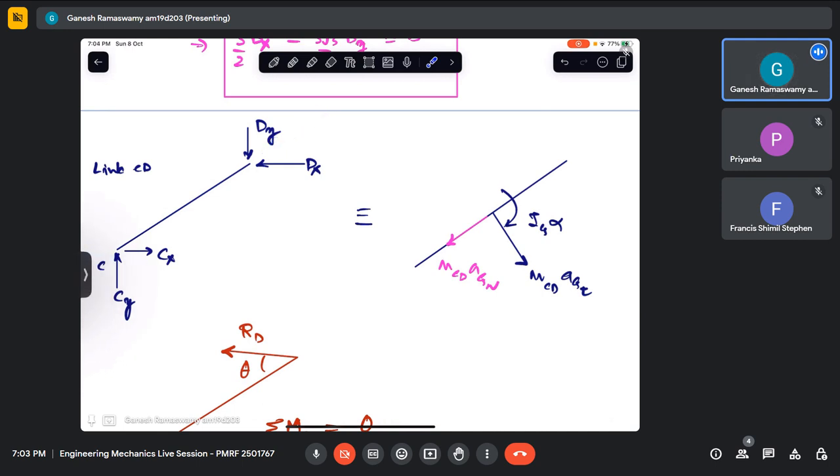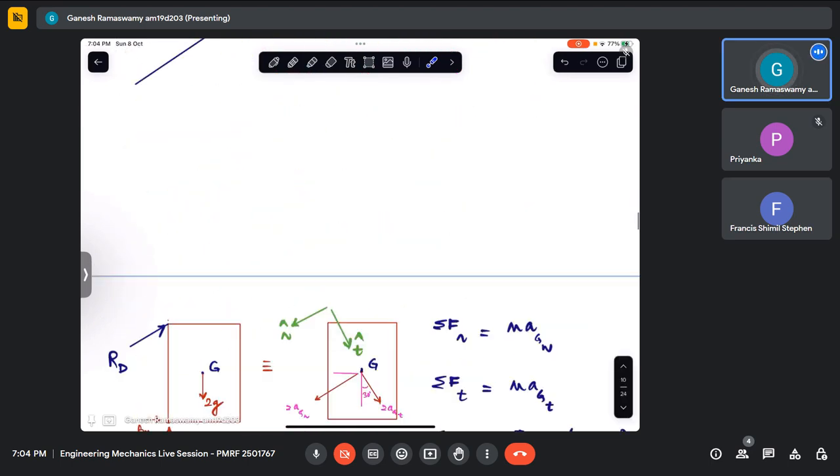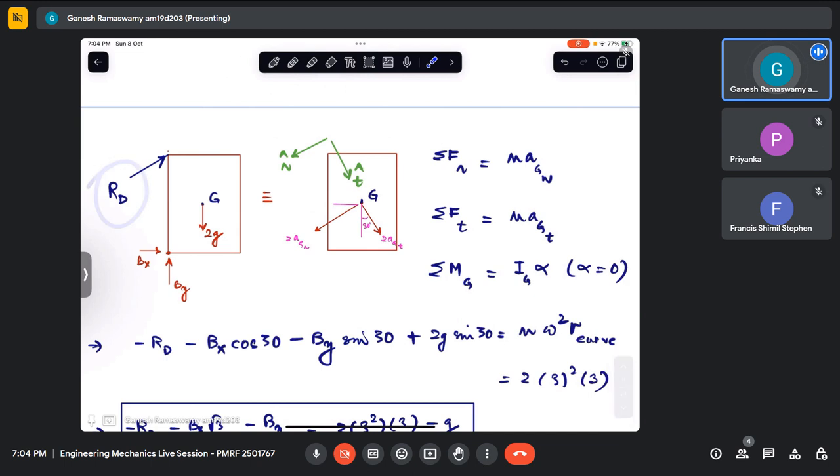So when we remove this from the plate, we naturally put that force like that. I have only magnitude.